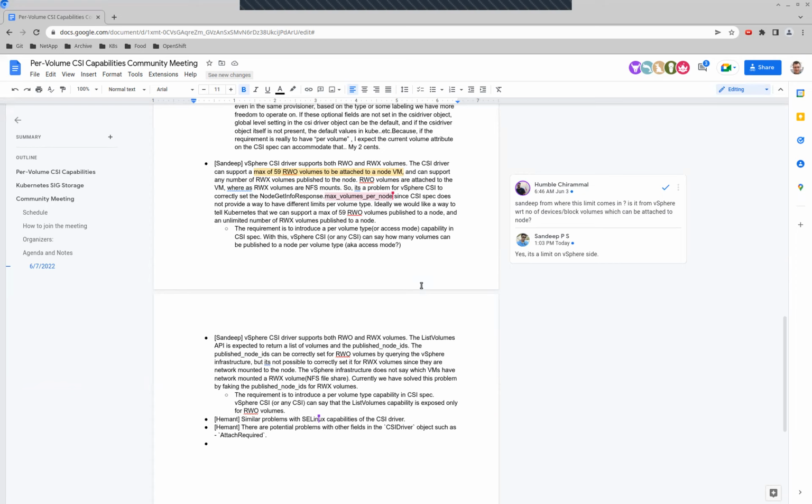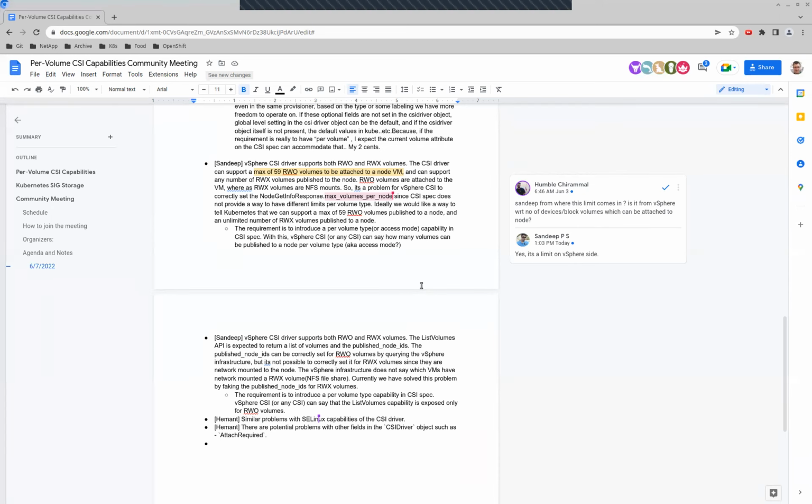So one of the nice things about the CSI driver CR is that it's sort of a wormhole where we can just add Kubernetes specific features quickly without having to change the CSI spec, because changing the CSI spec is slow. You've got to get community agreement, you've got to go through alpha, GA. It takes time to do the releases and all that.